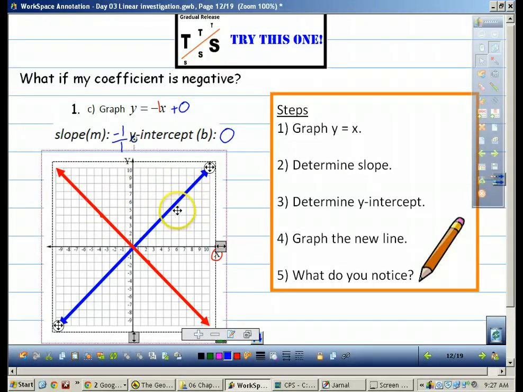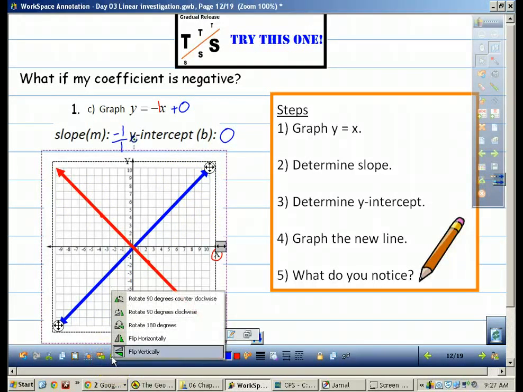Yep. Well, what can I do to the blue graph, the parent graph, in order to get the red one? Is there a way I can move this around?